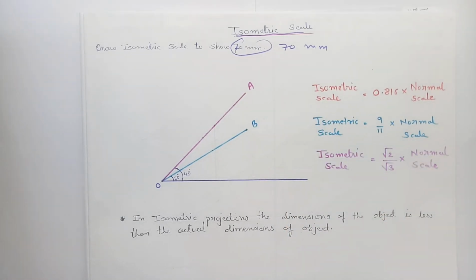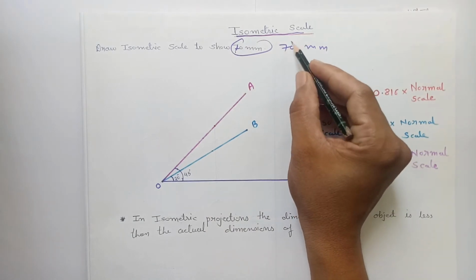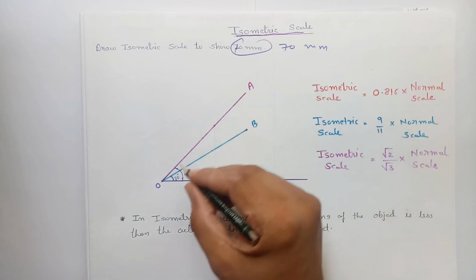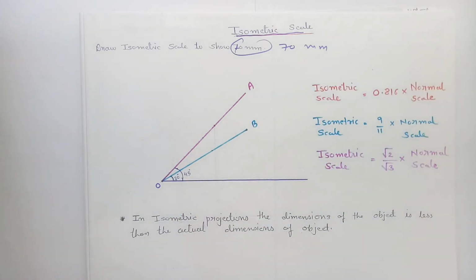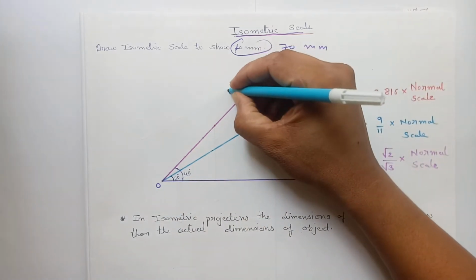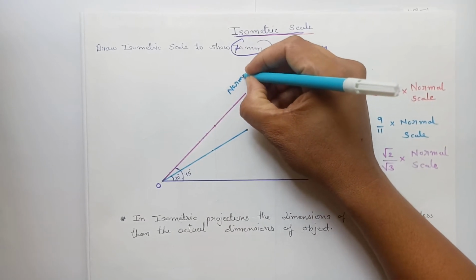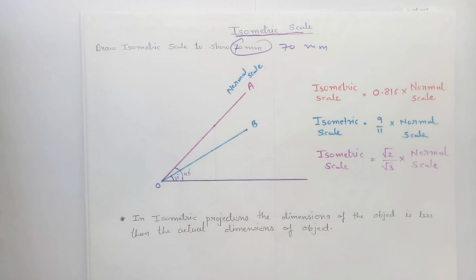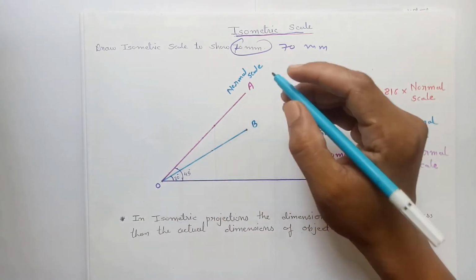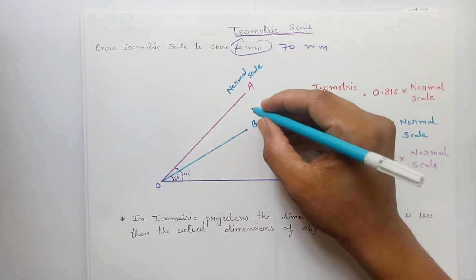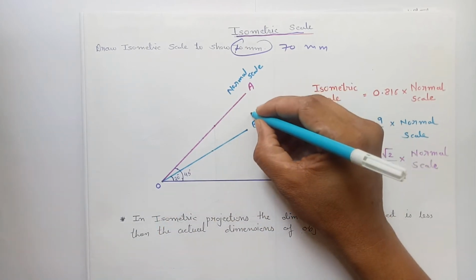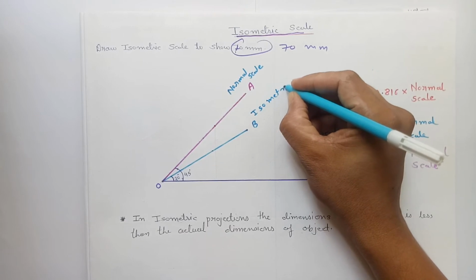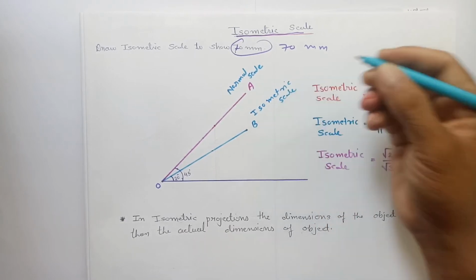Now measure 70 mm distance on the OA line. Here our OA line, which is inclined at an angle of 45 degrees, will represent the normal scale. That means we have to show the actual scale on the OA line, which is inclined at 45 degrees, and the line OB will represent the isometric scale.